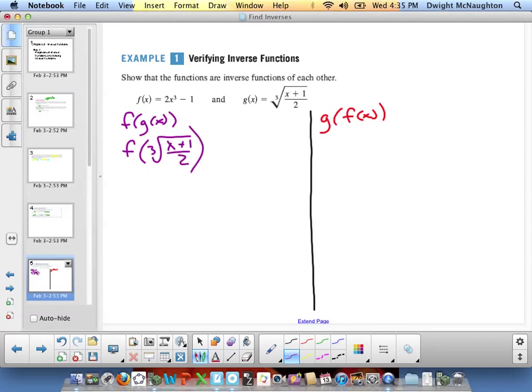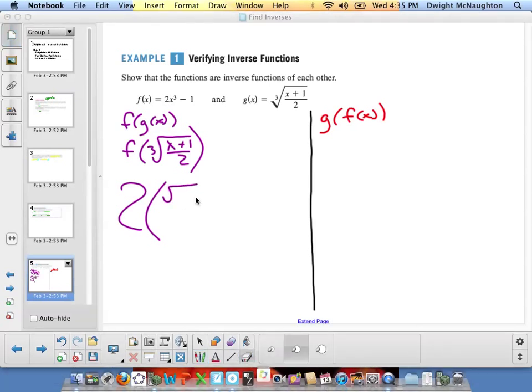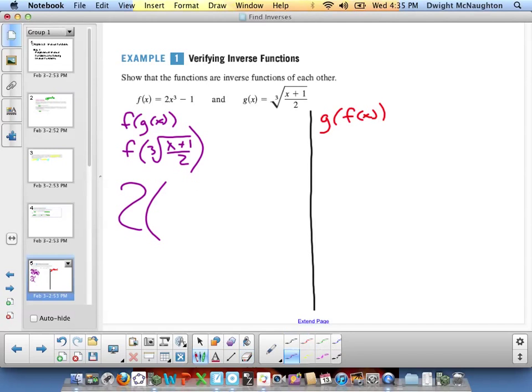We'll put that into f. So 2 times the cube root of (x plus 1) over 2, cubed, minus 1. Oops, I forgot my cubed here.